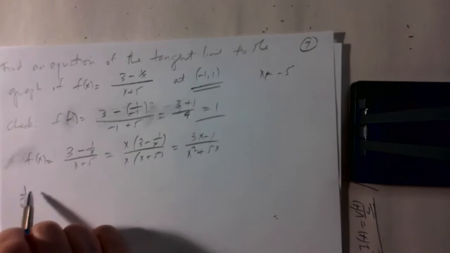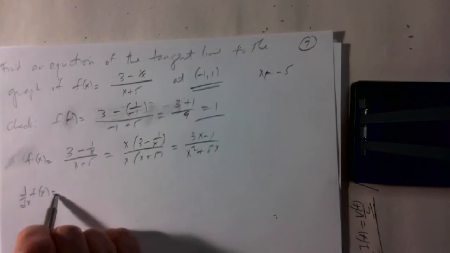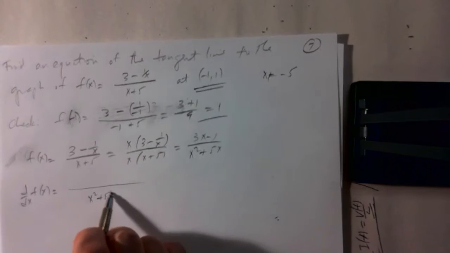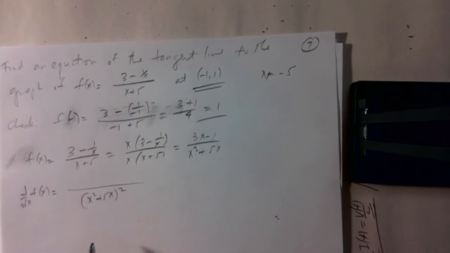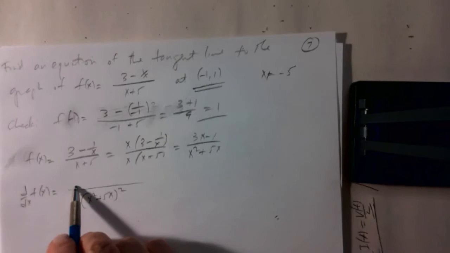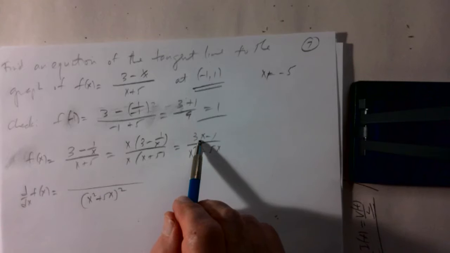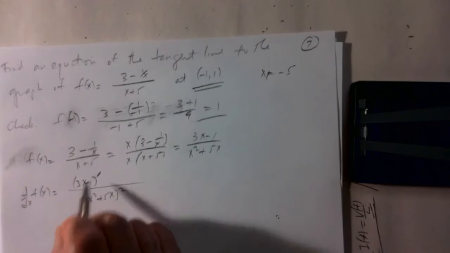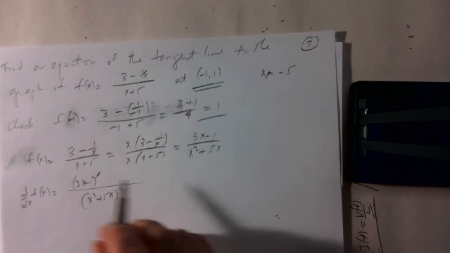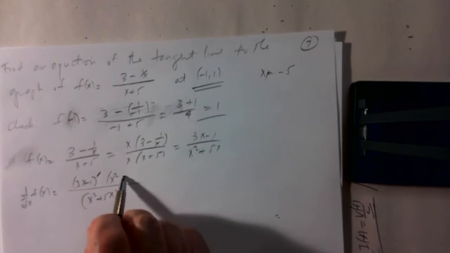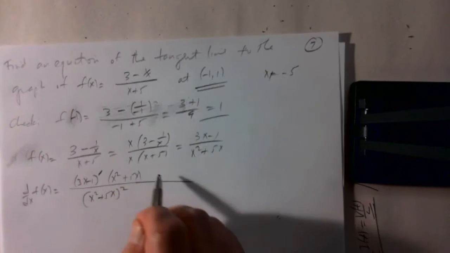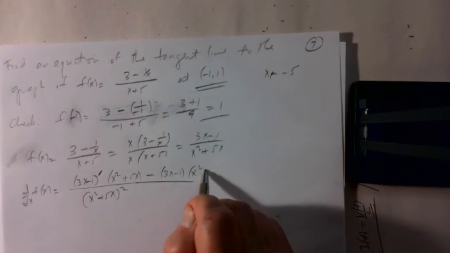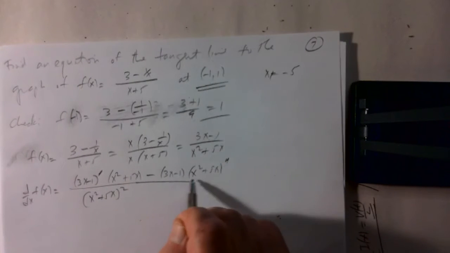So the derivative with respect to x of f of x is equal to, we take the denominator and we square it, and in the numerator is the derivative of the numerator. Let me just write this all out. 3x minus 1 prime, I just mean the derivative, times x squared plus 5x minus 3x minus 1 times x squared plus 5x prime.